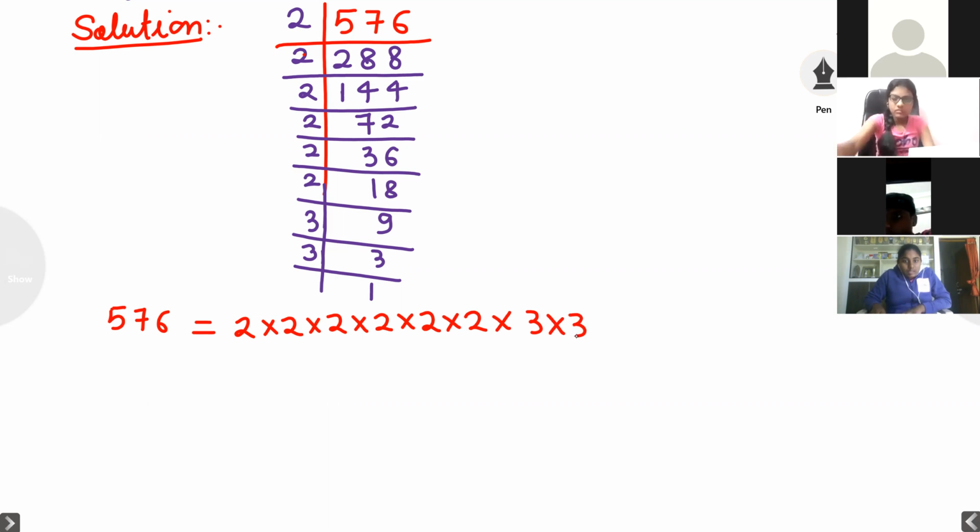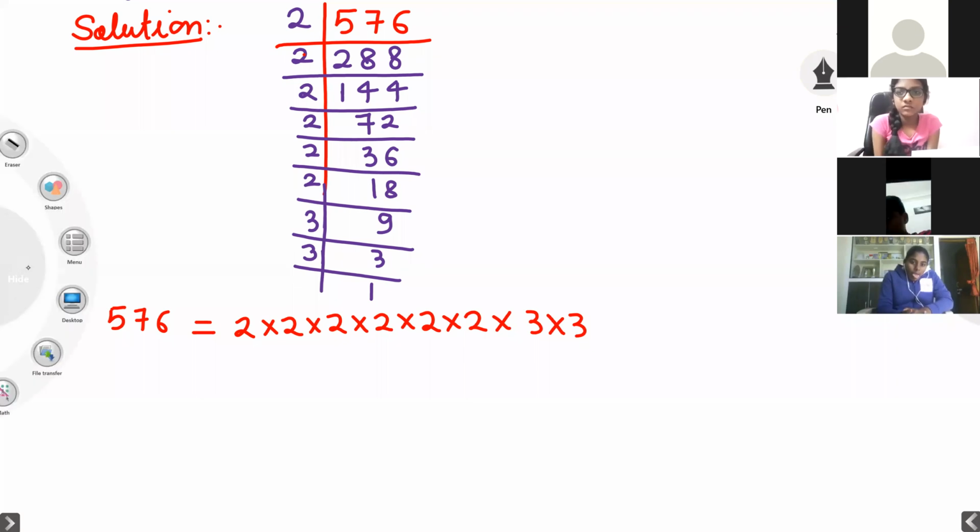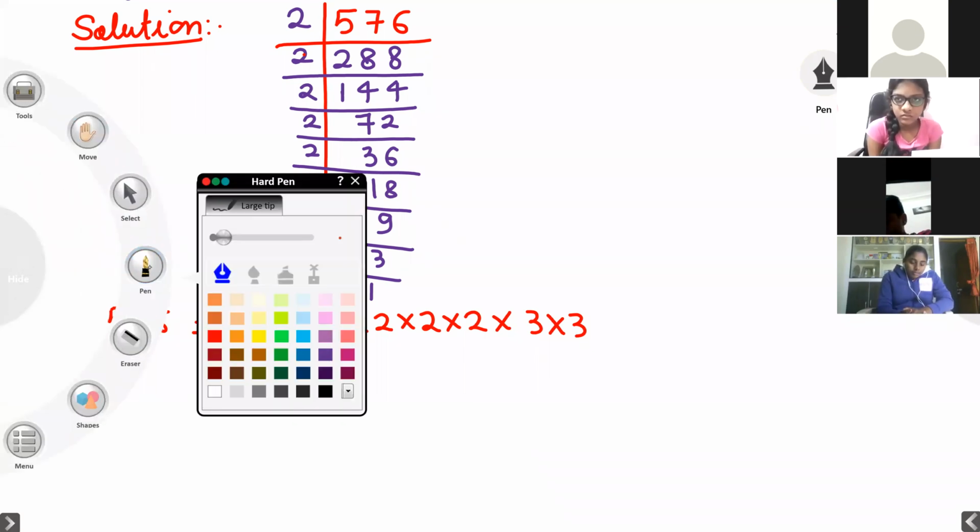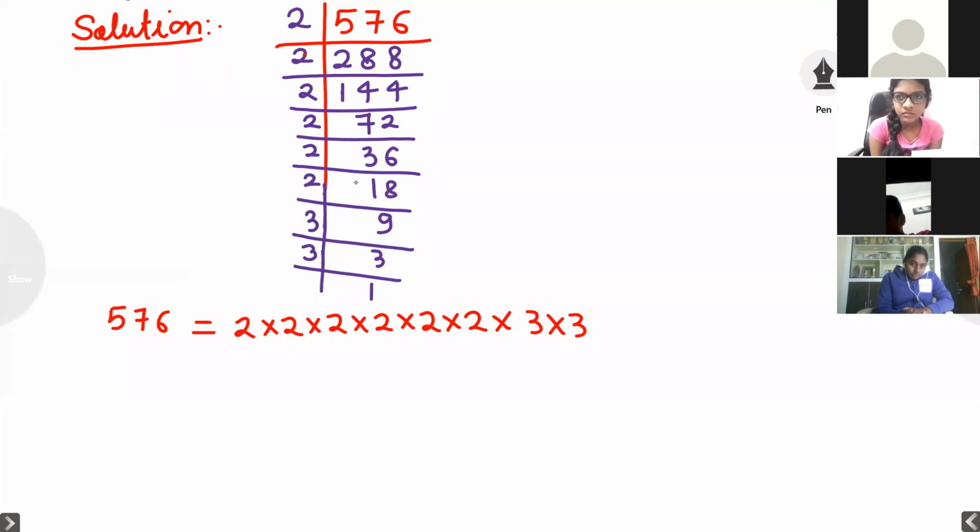Now we have completed our prime factorization. After prime factorization, we are going to find the square root. Square root means I have to mention square root on both sides.